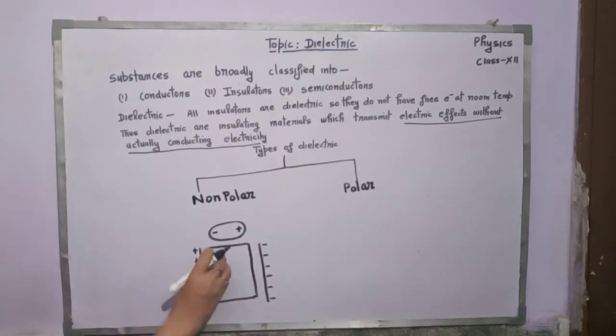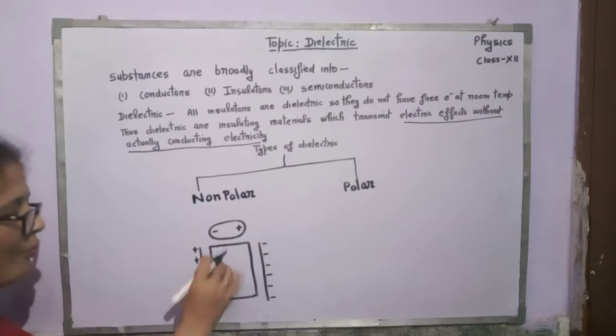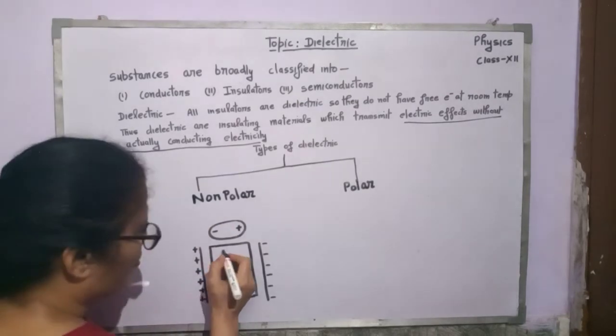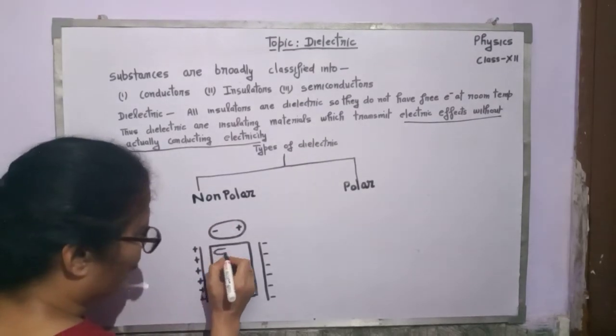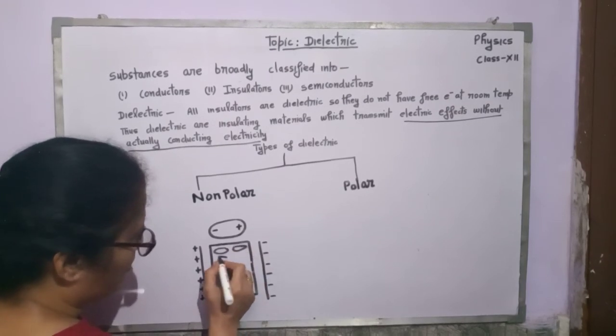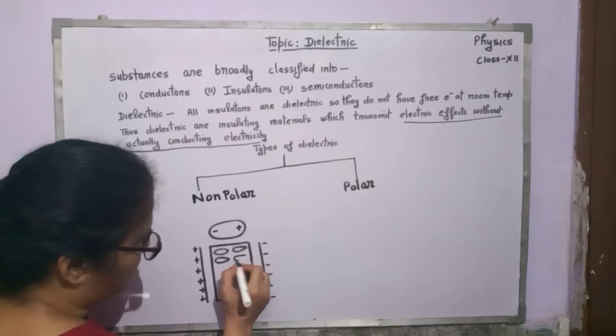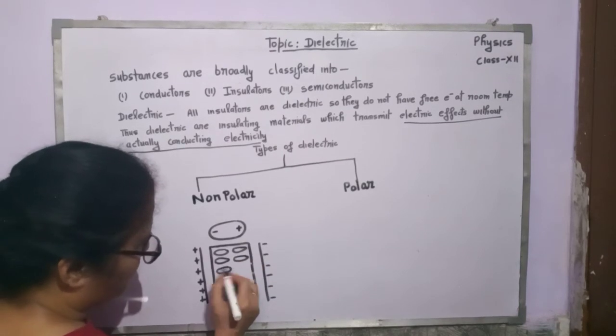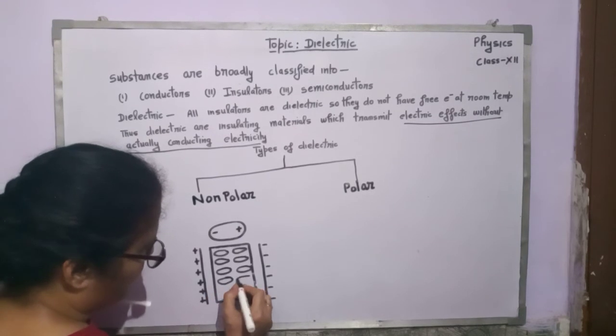Now here it consists of non-polar molecules. Suppose I am showing here in a row only a few molecules. This is one molecule, this is another, third, fourth, similarly fifth.